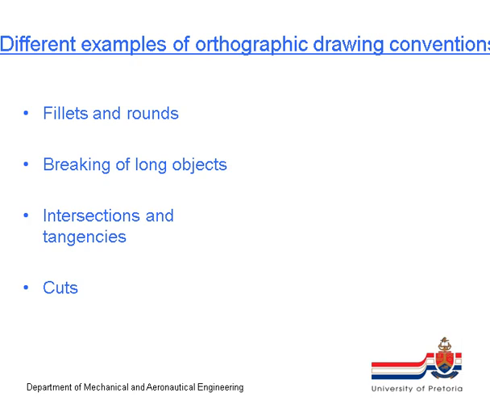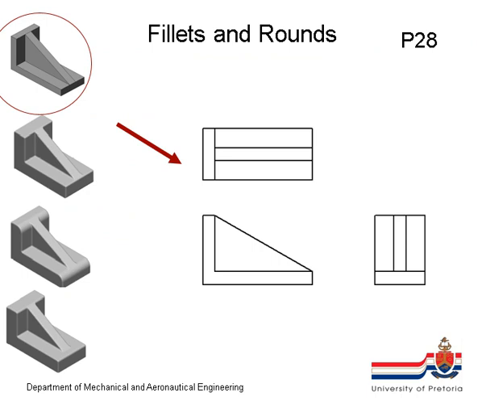So let's have a look at different examples of orthographic drawing conventions. We'll look at fillets and rounds, the breaking of long objects, intersections and tangencies, as well as cuts. So fillets and rounds in your textbook is on page 28.